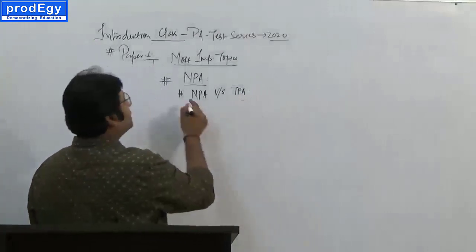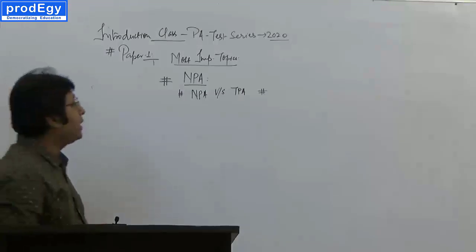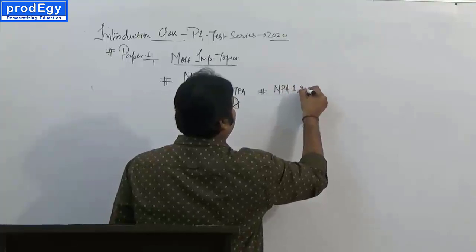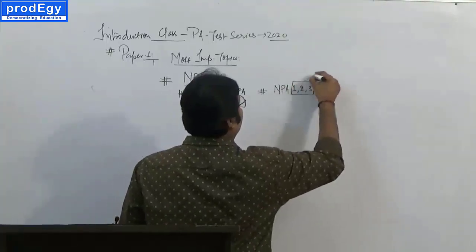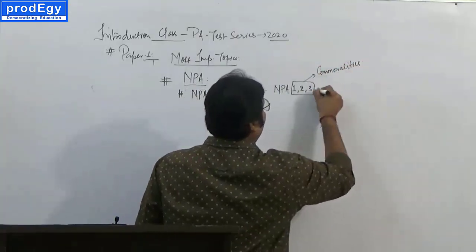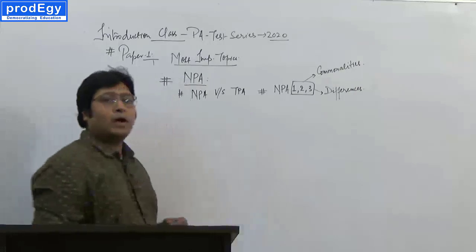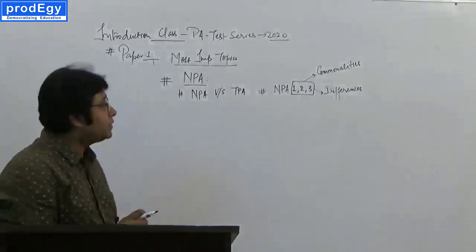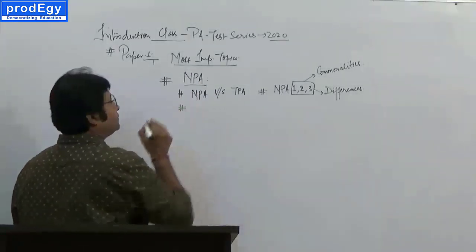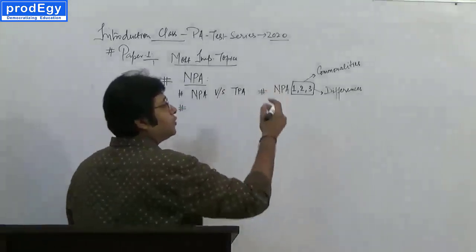Then I am writing here itself. Then you have to know the comparison between NPA 1, 2, commonalities and differences. That is one thing you must know. Alright? Then continuity and change that we say.